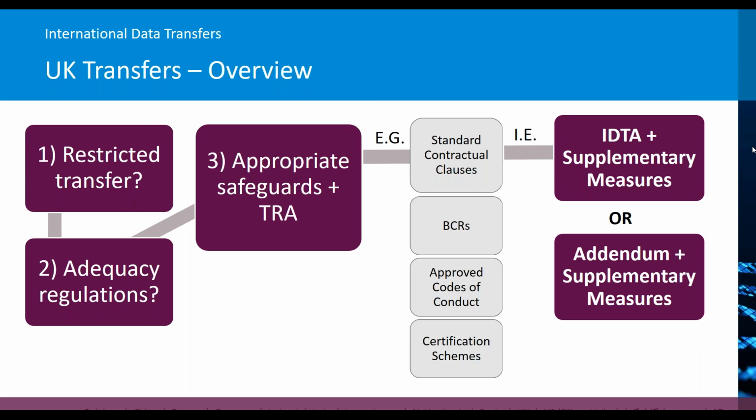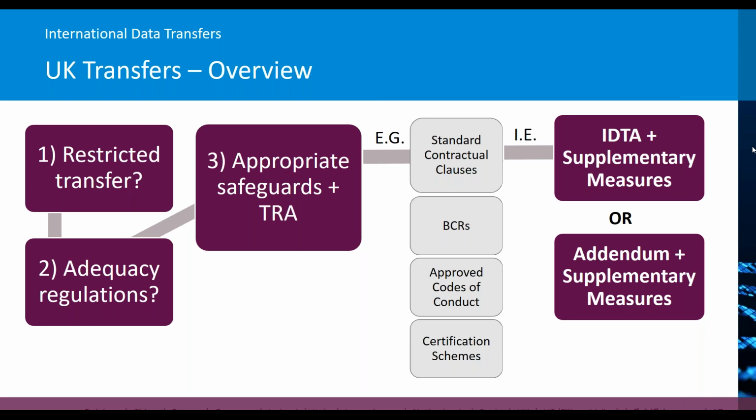On this specific point, the ICO has updated its guidance, and it makes clear that you are dealing with a restricted transfer if the data processing is caught by the UK GDPR. So, if you are established in the UK or offering goods and services into the UK, and you're transferring personal data out of the UK to a receiver that is a legally distinct company.